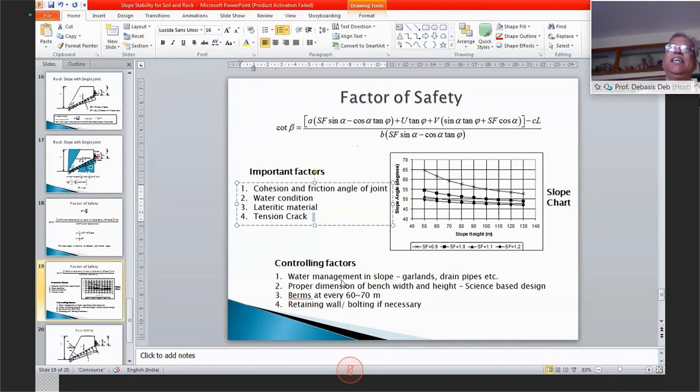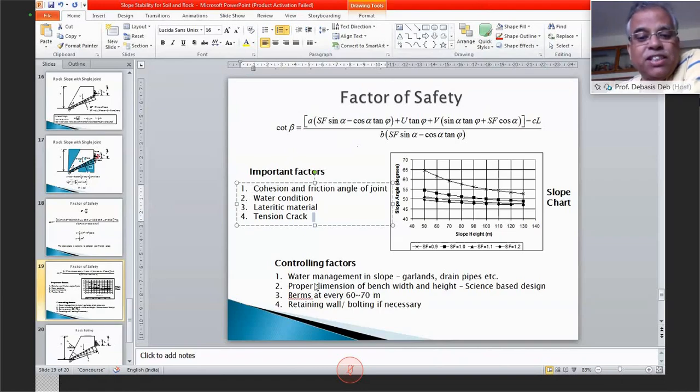You will see in many slopes there are a lot of drains they make, so that they guide the water from one place to another properly. This is very important, water management. You are seeing how the water will affect, so its management is very necessary. Like I told you, some mines in Goa, if they do not do proper water management, they cannot run that mine.